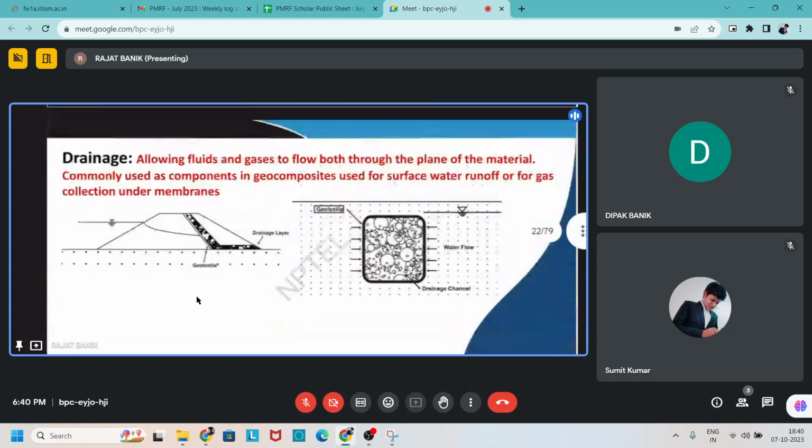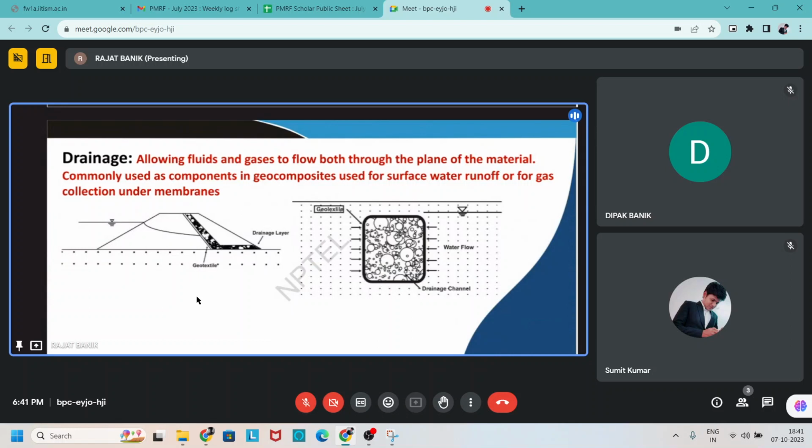Now we can also use geosynthetic as a drainage. One thing to remember is that when we use geosynthetic material as a filtration, then cross-plane drainage may take place. That means the drainage of water takes place through the cross-section, or we can say perpendicular to the geosynthetic material.